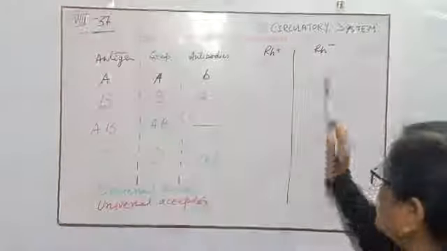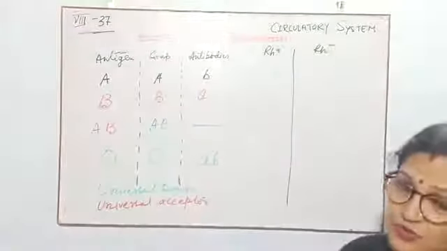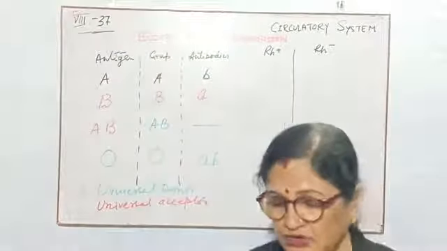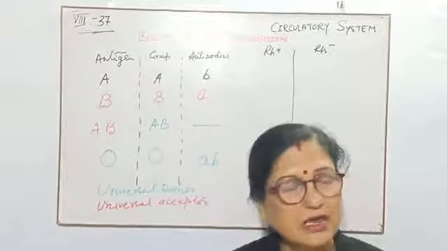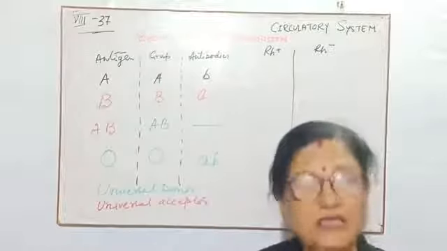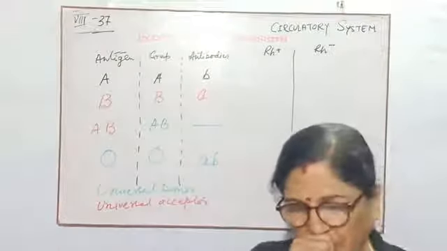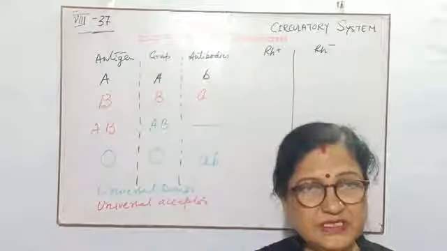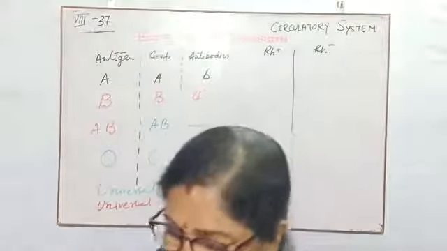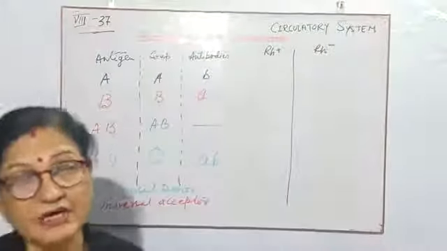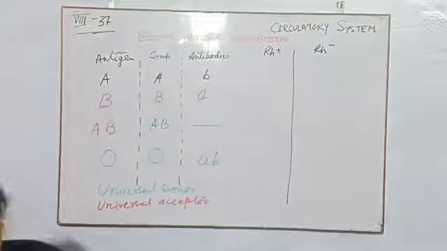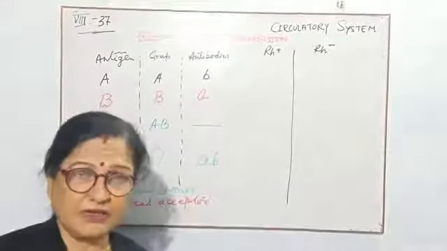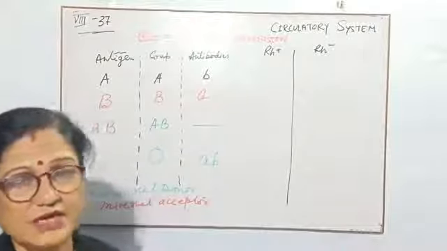And then Rh positive and negative. Blood group A positive or A negative, B positive or B negative, like that. Rh is a factor, also a type of protein found on our RBCs, and this Rh factor was first seen in a monkey during an experiment when scientists were working on the blood of the monkey.